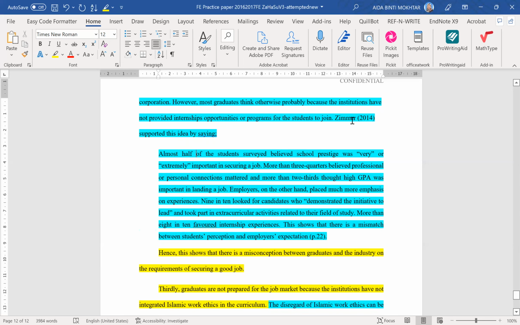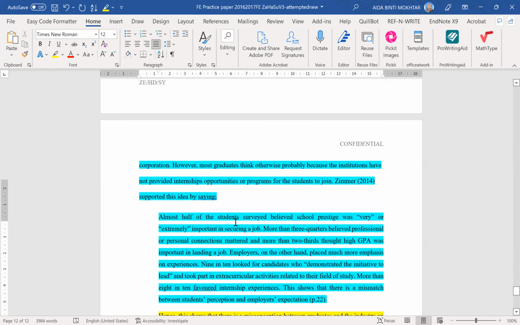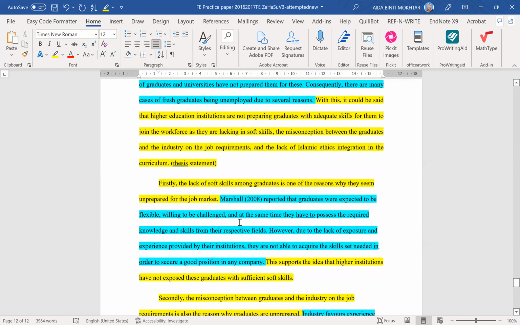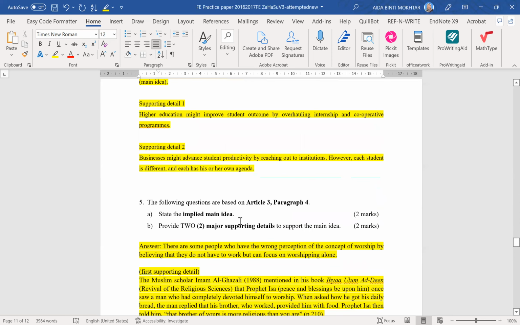As you can see, you have Zimmer cited here, and then the page number at the end. So this is exactly what was taken from Zimmer, and it was taken from one of the articles, obviously. So let's see which article.